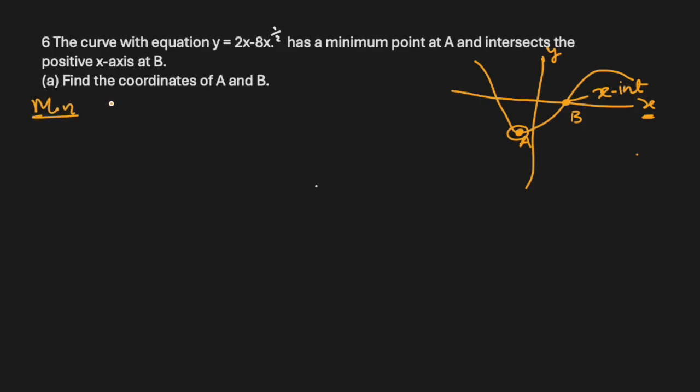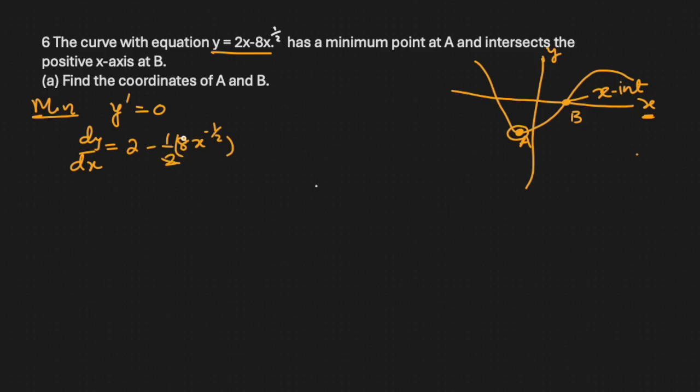For the minimum point, y prime, the differentiation of y, should be equal to 0, right? So let's differentiate this. dy over dx equals 2 minus half times 8 x to the power half minus 1, which is minus half.